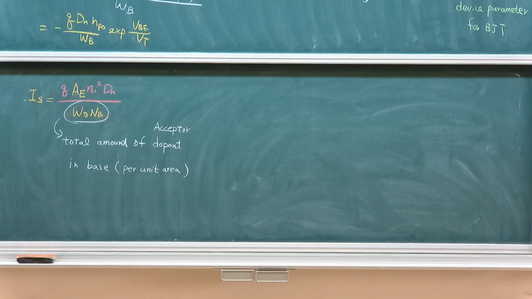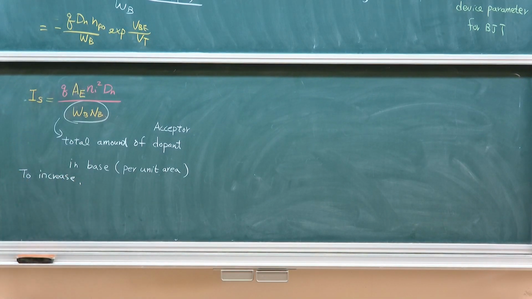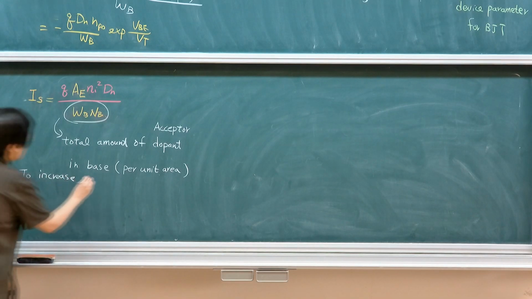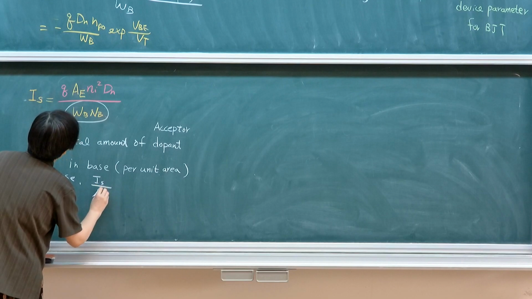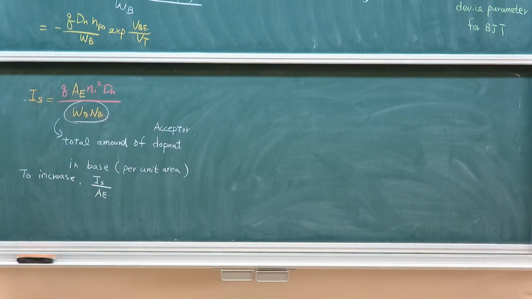Think about it. So to increase IS, anytime you are an engineer going out to design your own bipolar junction transistors, you give your boss an IS. Typically, area is independent, so it will be a JS, for example. So to increase IS divided by AE, because this is per unit area current, right?